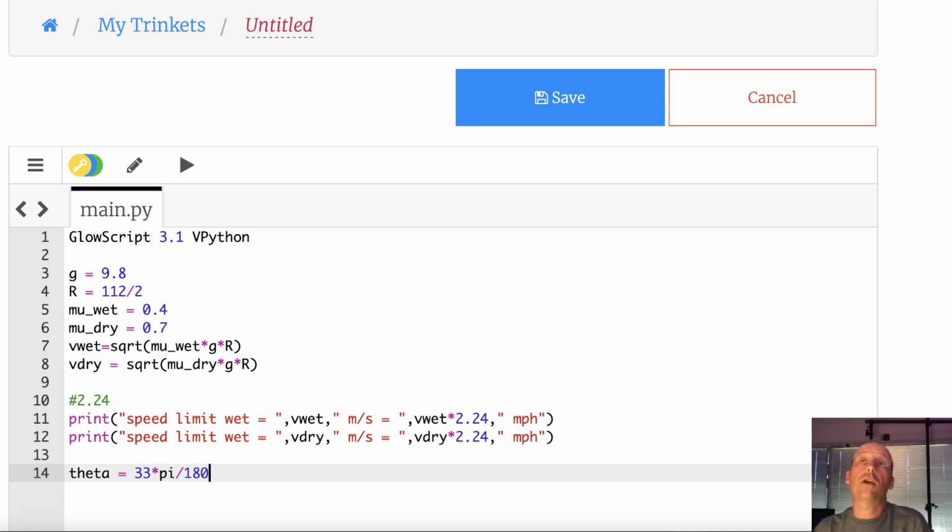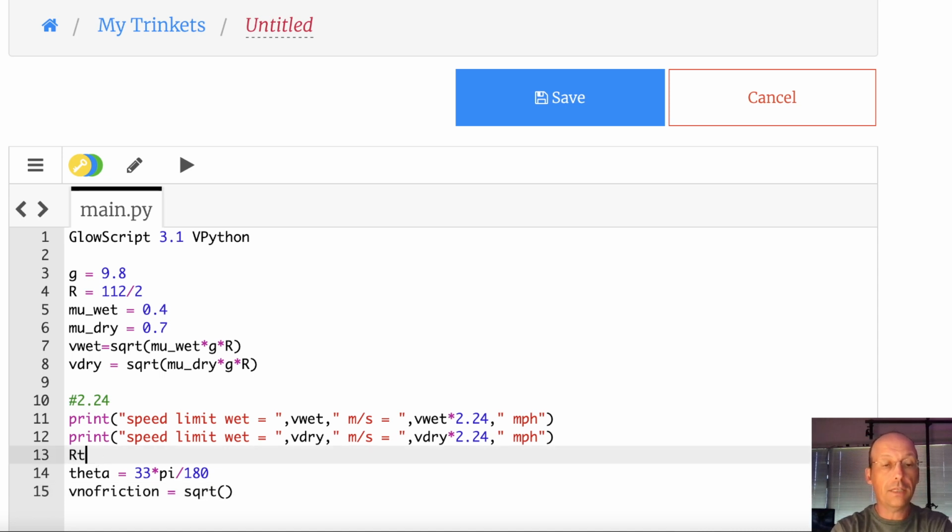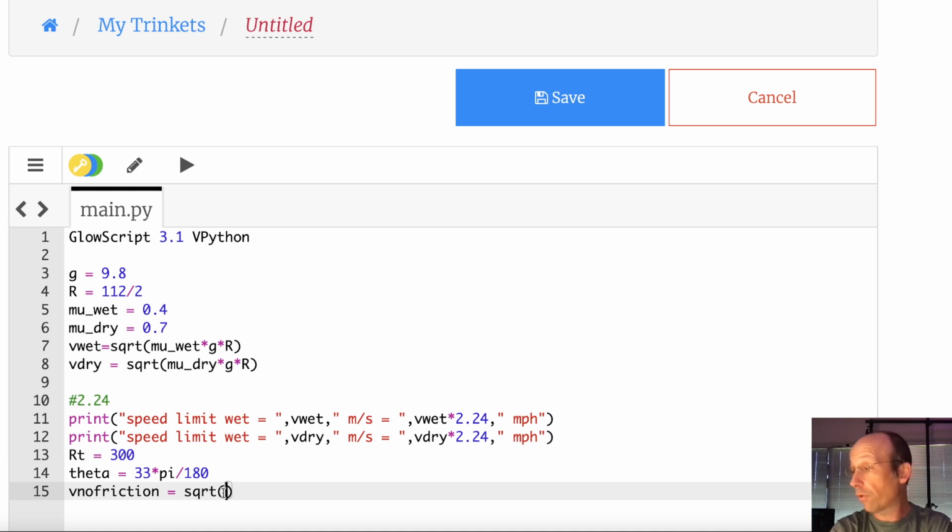So I want the angle in radians because the default for trig functions in this Python uses radians. And now I can say v no friction equals square root of, oh, I need the new r. So let's say r for Talladega is 300. The square root of g times r times tangent of theta.